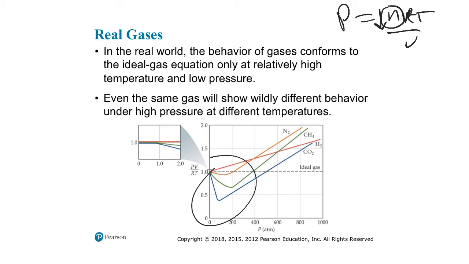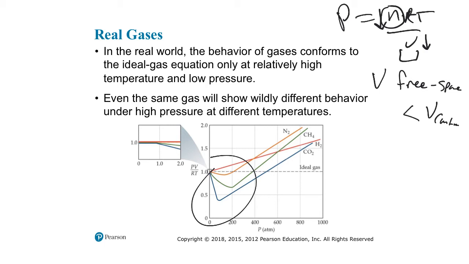And then likewise, if our container volume at a high pressure should be smaller, because it really should be the free space volume that we plug in, not just the container volume. The free space volume is going to be smaller than the volume of the container. So the real volume we're supposed to be plugging in is smaller than what we're actually plugging in.